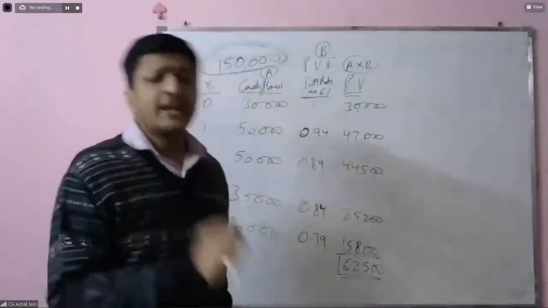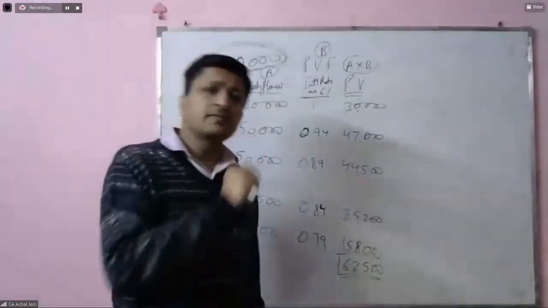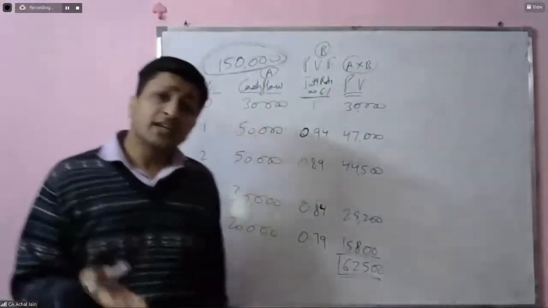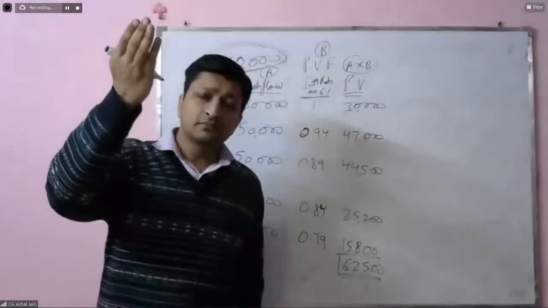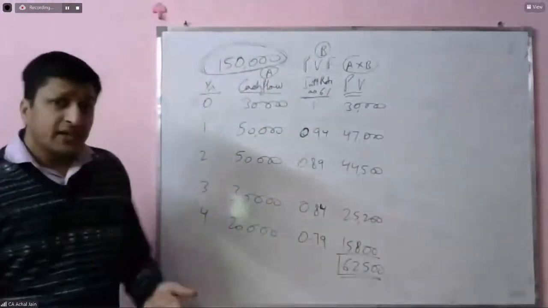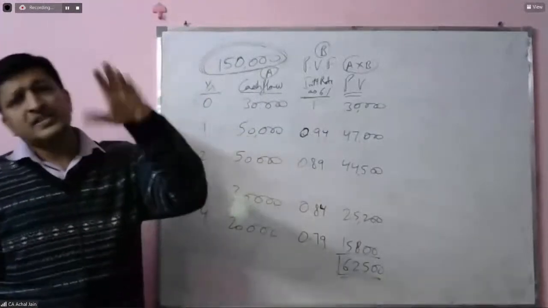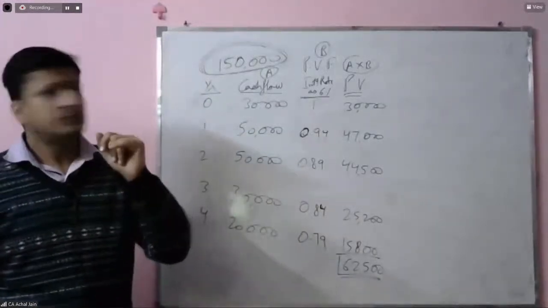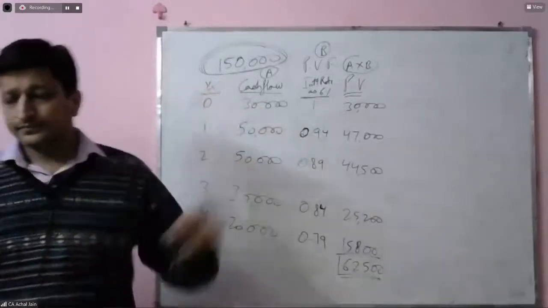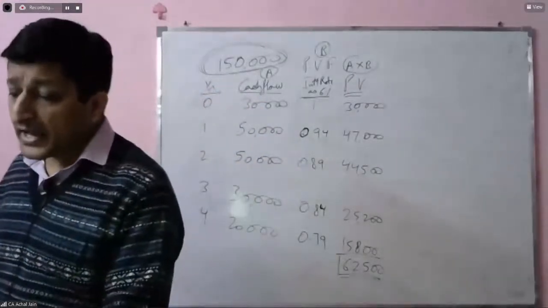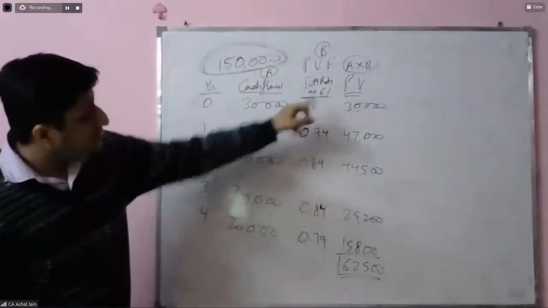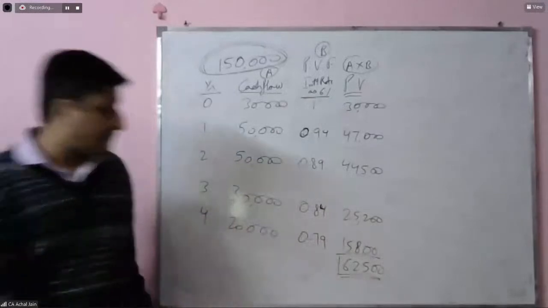But conceptually, I know a principle from my understanding of financial management, which says that if we increase the interest rate, then the present value goes down. What is my objective? 1,50,000. And I know that my present value at 6% is 1,62,500.